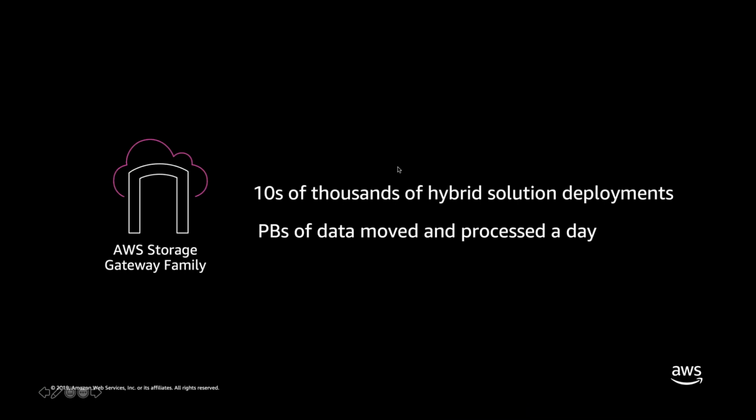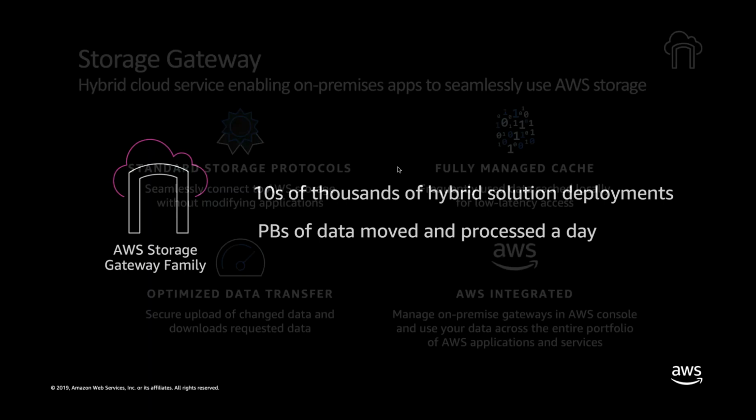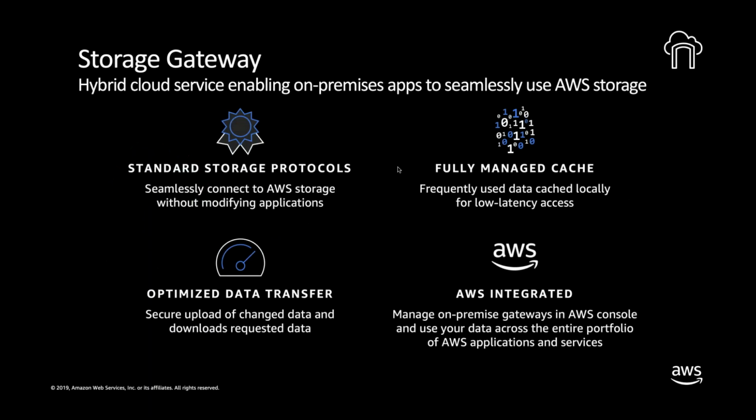It can be hosted on a virtual machine or a physical machine. AWS will give you the image for the storage gateway. Then that storage gateway can be mounted on any NFS using an NFS client.